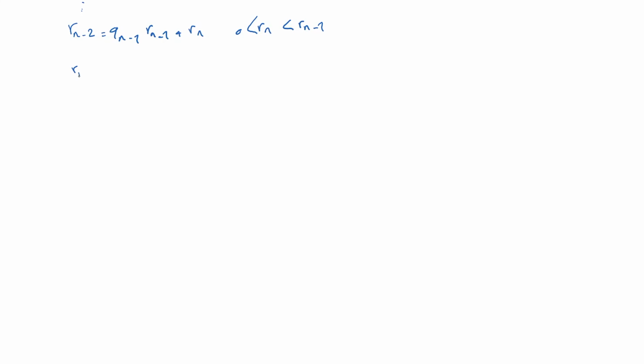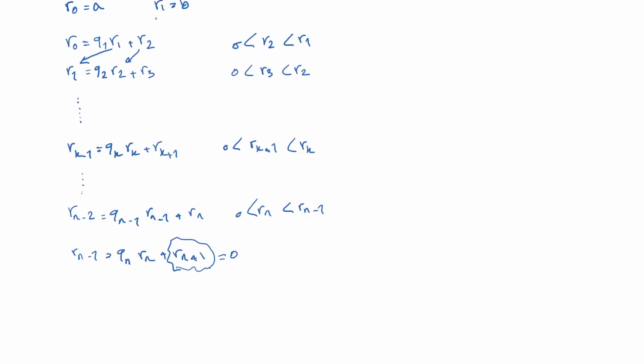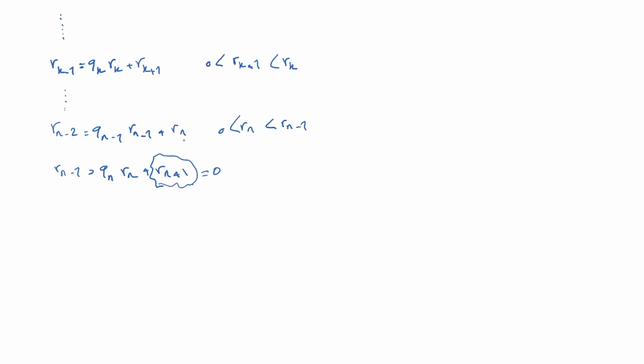Finally, we get to R(n-1) equals Qn times Rn plus R(n+1), where this R(n+1) equals 0 at some point. So we keep writing this relationship between these R values until we get to where the remainder becomes 0. If that is the case, we go back and take the last nonzero remainder as the result of the GCD of R0 and R1.